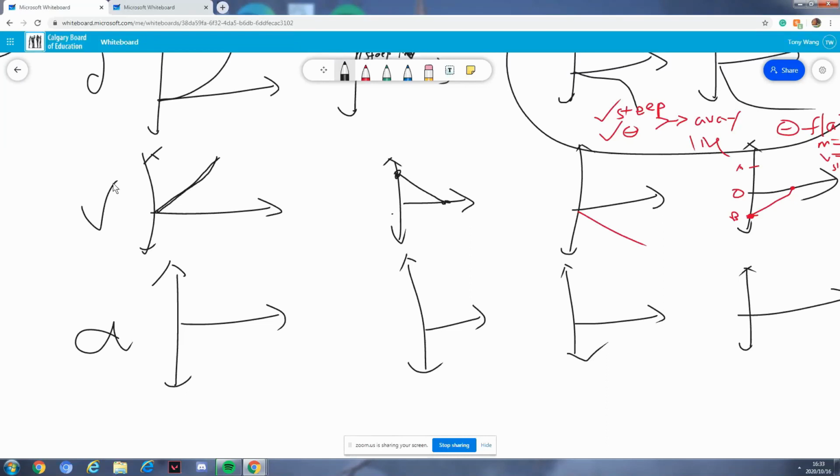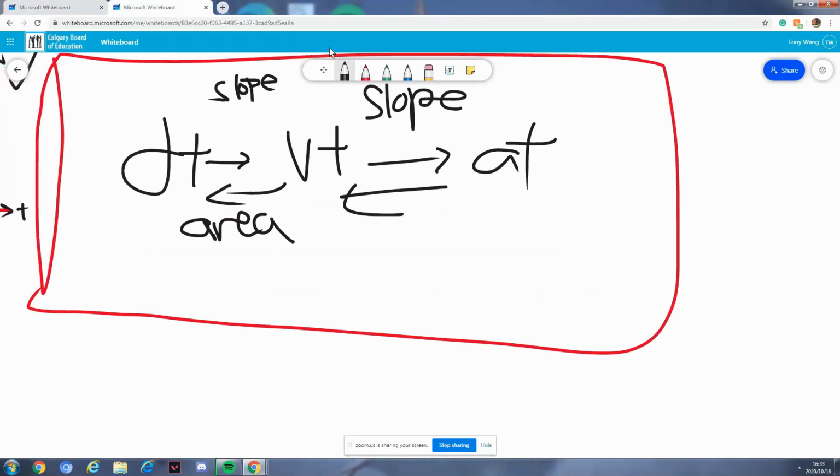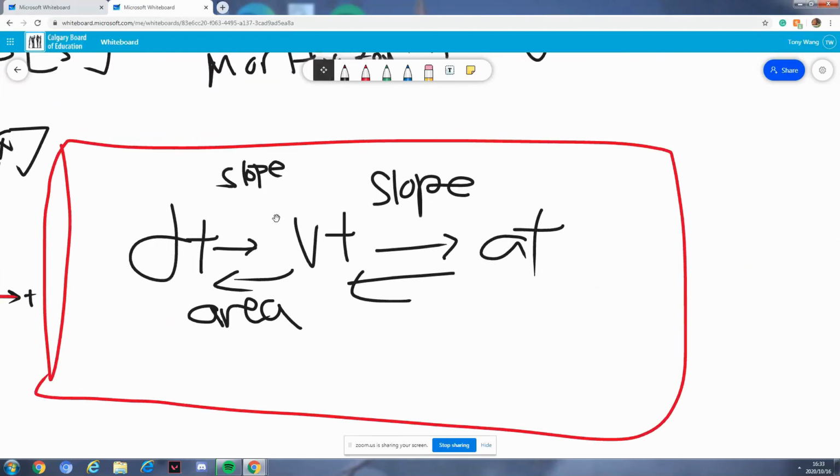From velocity to acceleration. It was in one of our little tables. Yeah, it was here. This is the most important part of this entire drafting section. So it's slope. The slope of a VT graph determines the acceleration time graph. Does that make sense? Yeah.